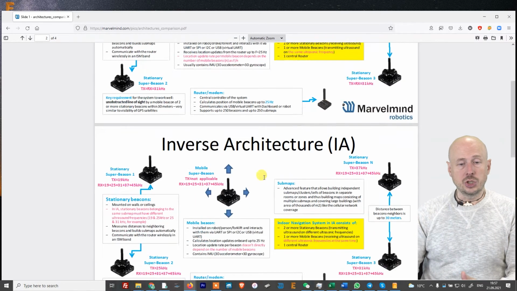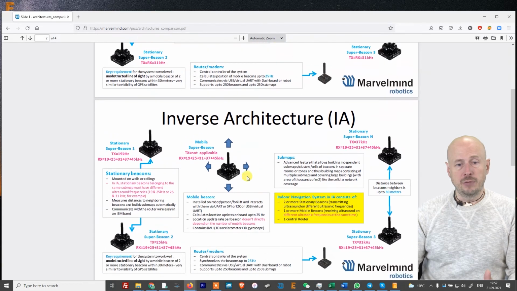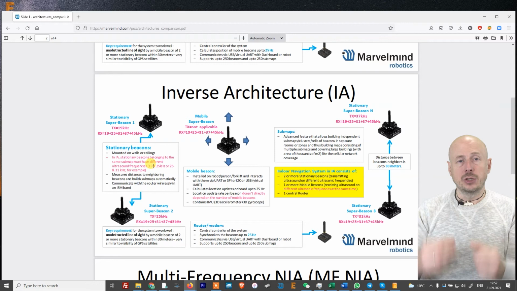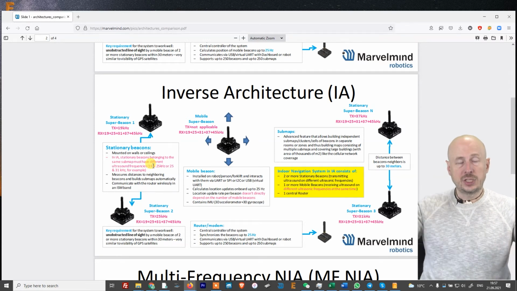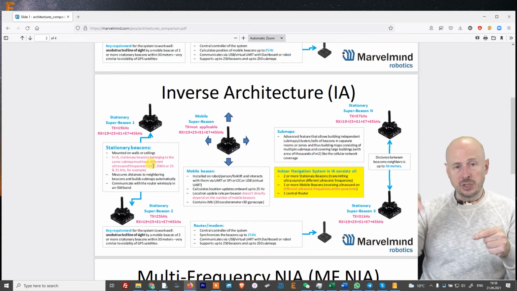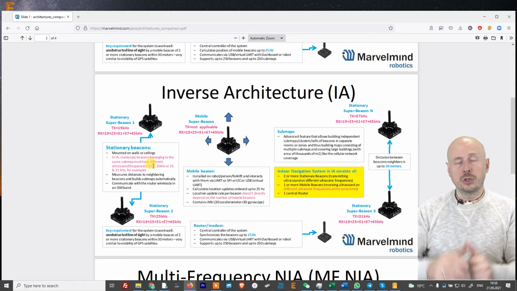With inverse architecture, this is not happening. The stationary beacons are emitting different ultrasonic frequencies at the same time, and the mobile beacons receive those signals from different beacons, and the mobile beacons themselves calculate the position.